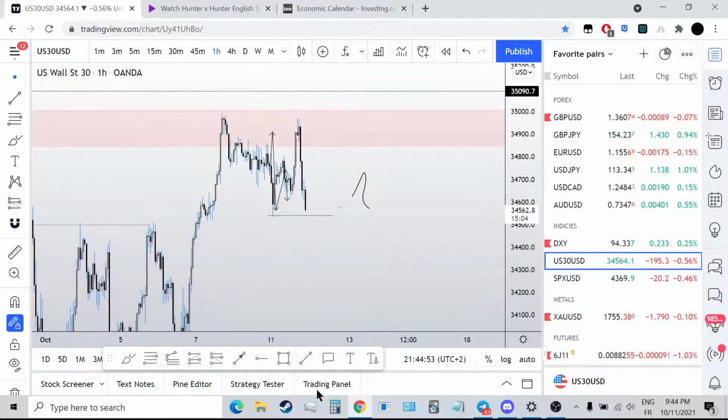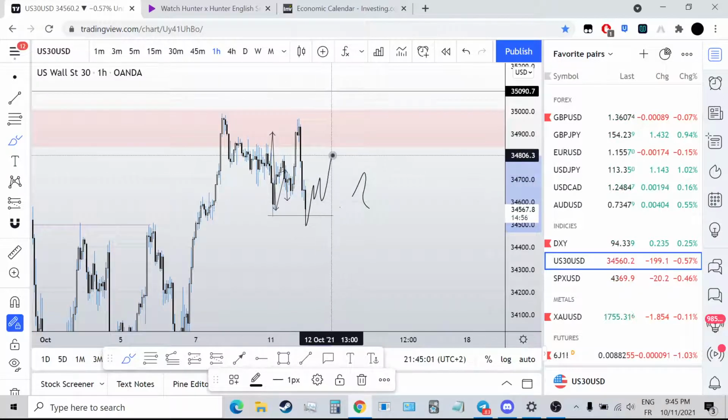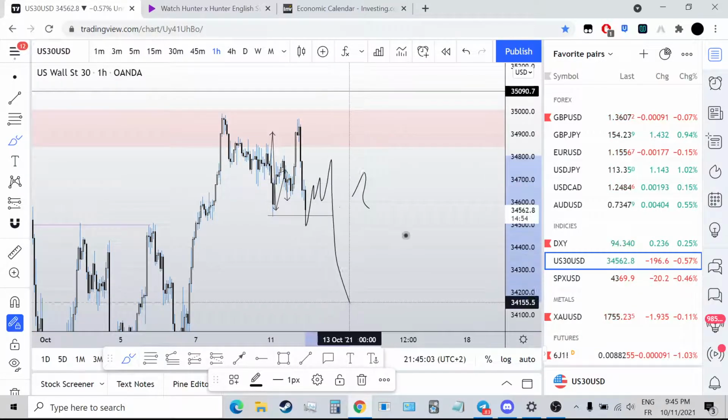I was drawing it out, my fault, guys. I want to see price do something like this. You have all this imbalance inside of here, come up and then possibly continue back down.